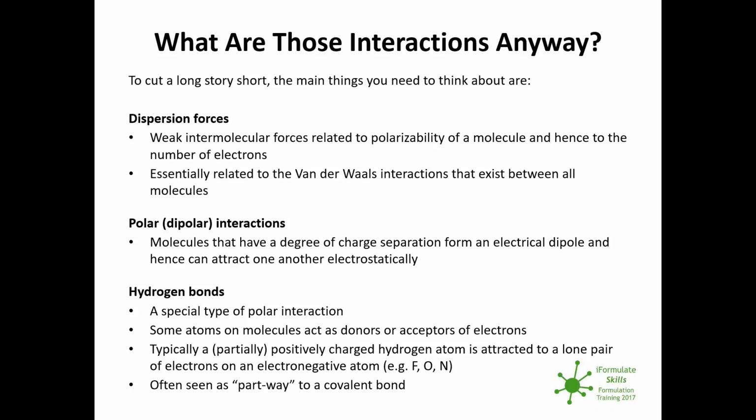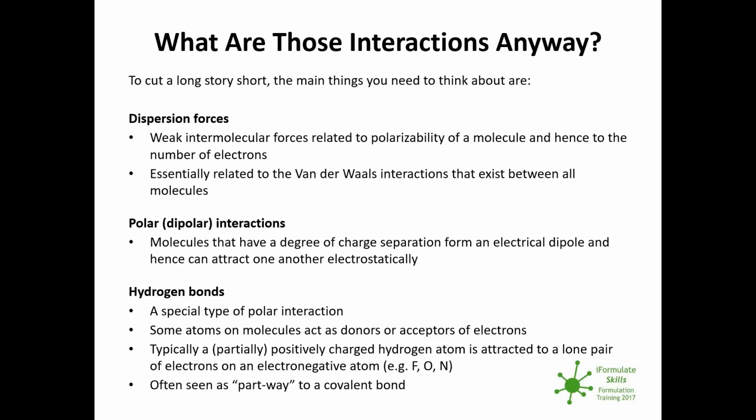The second category of interactions are polar or dipolar interactions. So any molecules that have a degree of charge separation can form an electrical dipole. Of course, we know that electrical dipoles will attract one another electrostatically. The third type of interaction is hydrogen bonding. Hydrogen bonds are a special type of polar interaction.